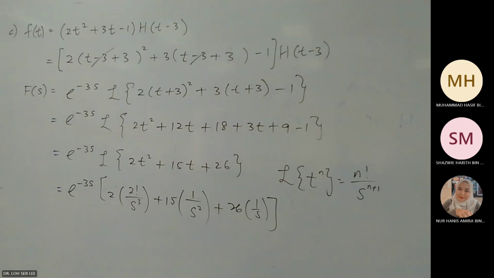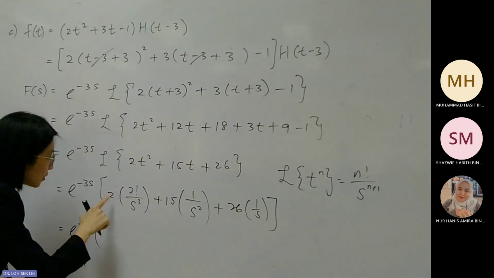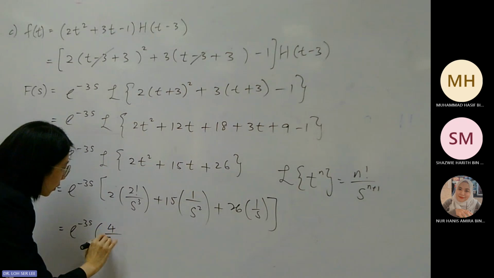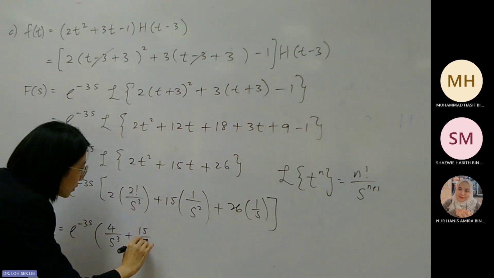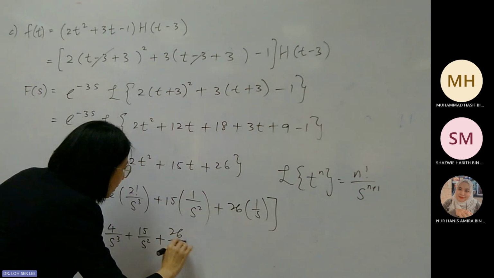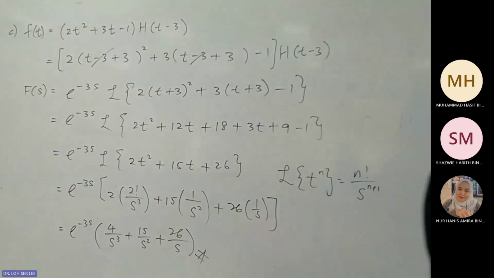That's it. Then this is 2 times 2 over s cubed plus 15 over s squared plus 26 over s. That's it.